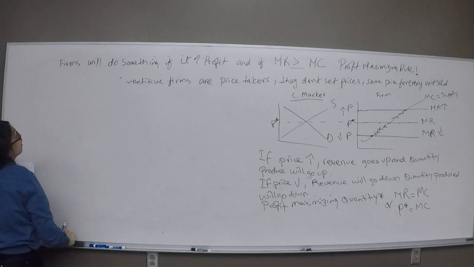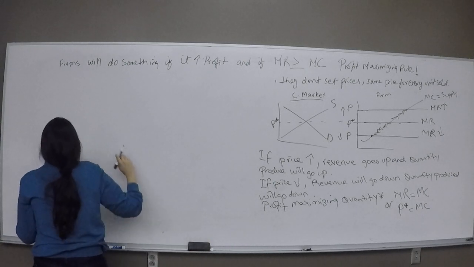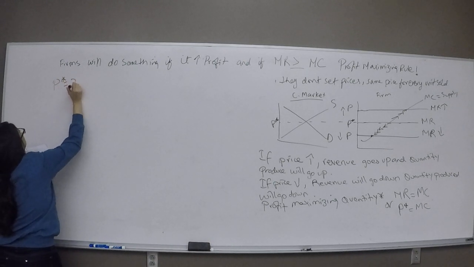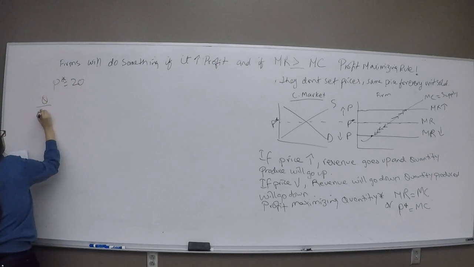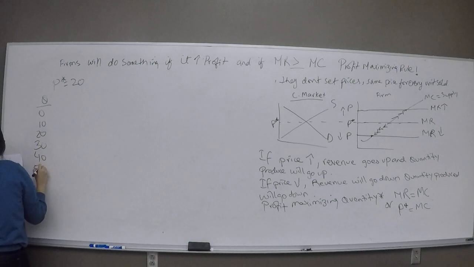So price is equal to $20. Quantity: 0, 10, 20, 30, 40, 50, 60.